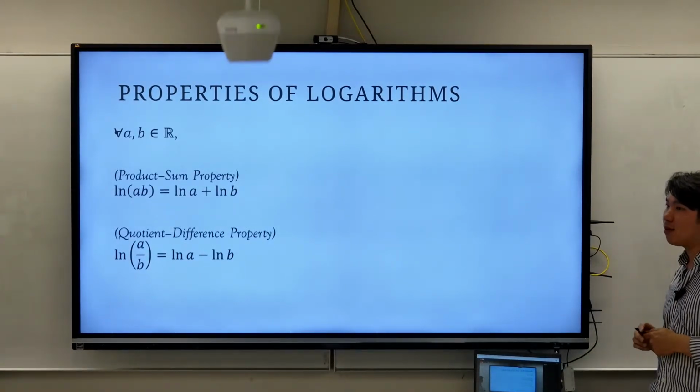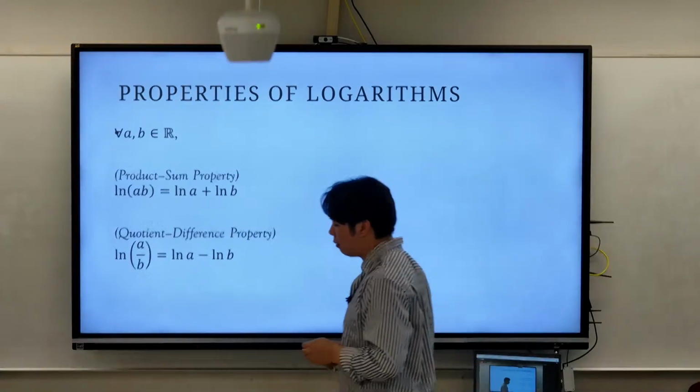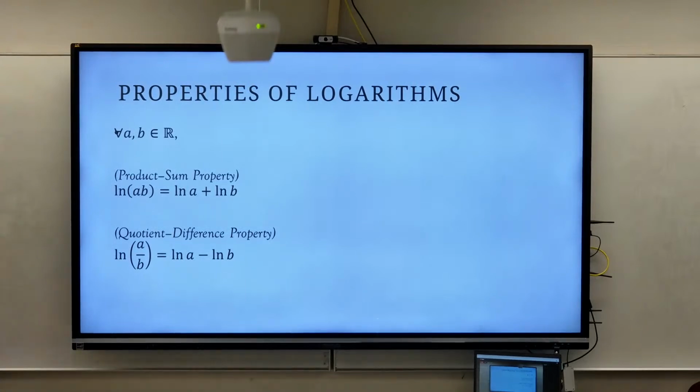So looking at this, why am I even introducing these two properties? There's two more I'm going to introduce, but why am I introducing these in particular to start us off with? So I know that we can always have a product rule.